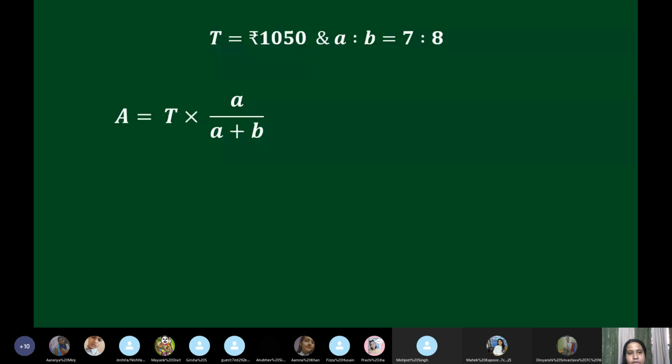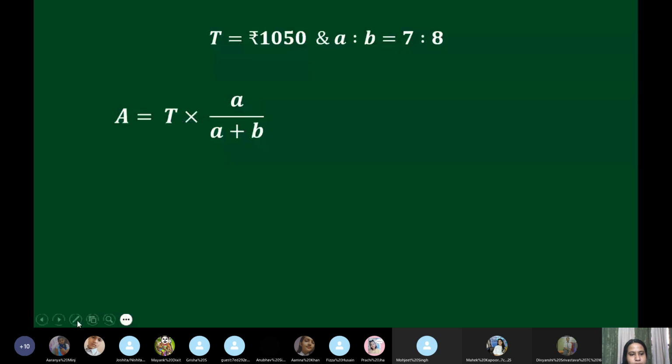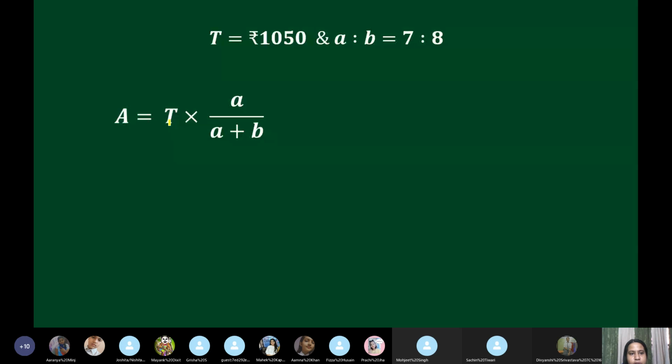The formula is total quantity multiplied by A upon, that is, the first term divided by the sum of the two terms.